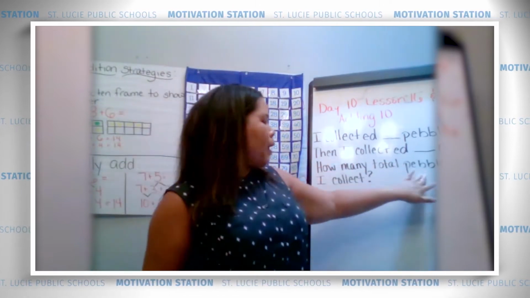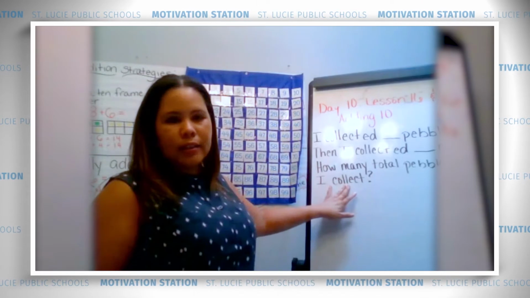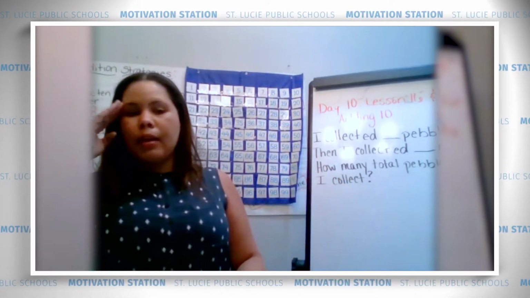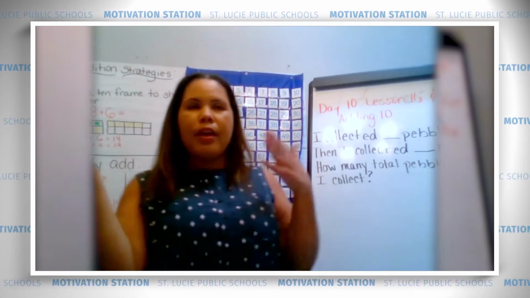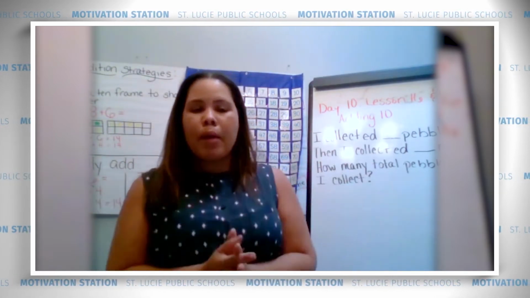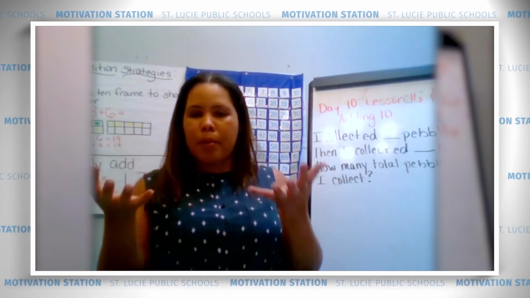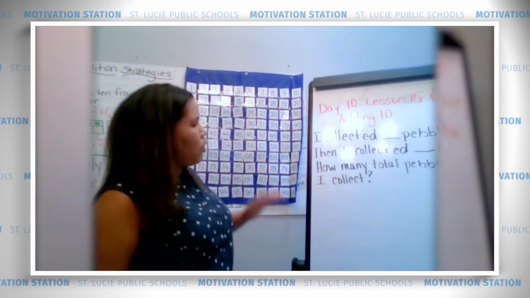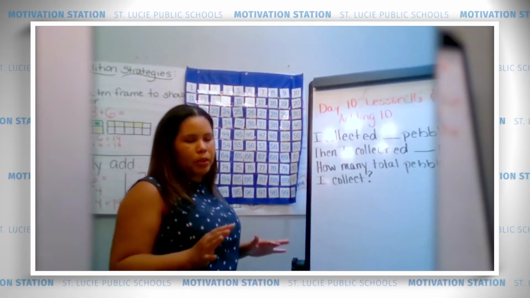How many total pebbles did I collect? Okay, so are we visualizing? I'm collecting something, and then I take some more, and I need to figure out how many in all. So I'm combining these 2 groups, right? Okay, so we have 3 pairs of numbers.